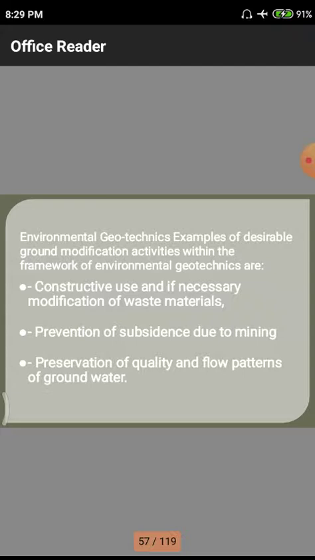For that, we need to stop some of the mining by using reusable materials which are coming from construction scraps and others. Next point is the prevention of changes in the quality and flow patterns of groundwater.